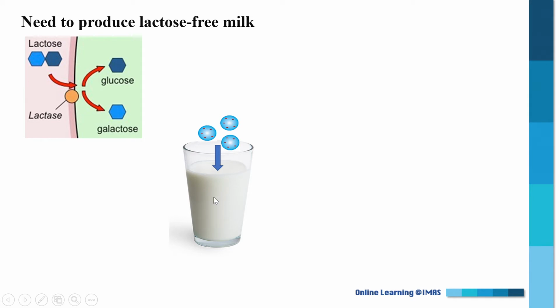Our enzyme will digest all the lactose inside the milk, then it will be lactose-free milk, safe to use by those people who have lactose intolerance. But in this case, your enzyme will be mixed with the milk, meaning you cannot reuse it.